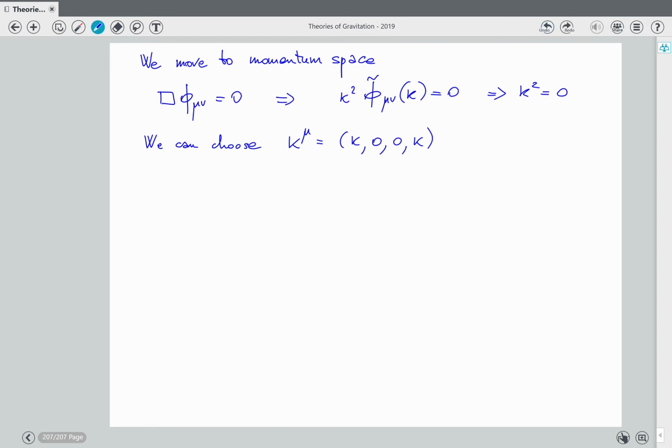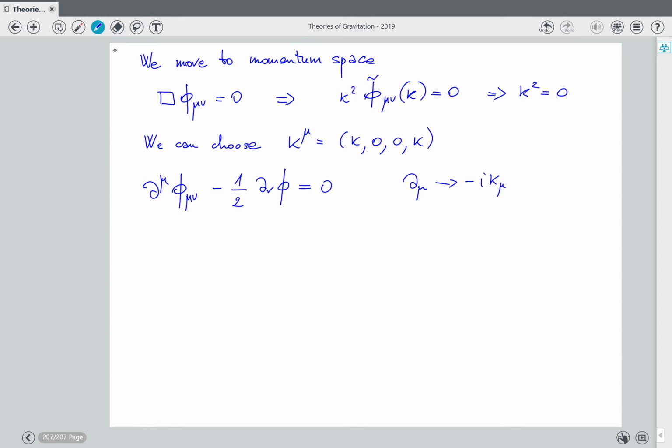And now we can go back to the gauge fixing condition. Remember, if you want to keep track of the i's or the minuses, here they cancel out because everything is equal to 0.